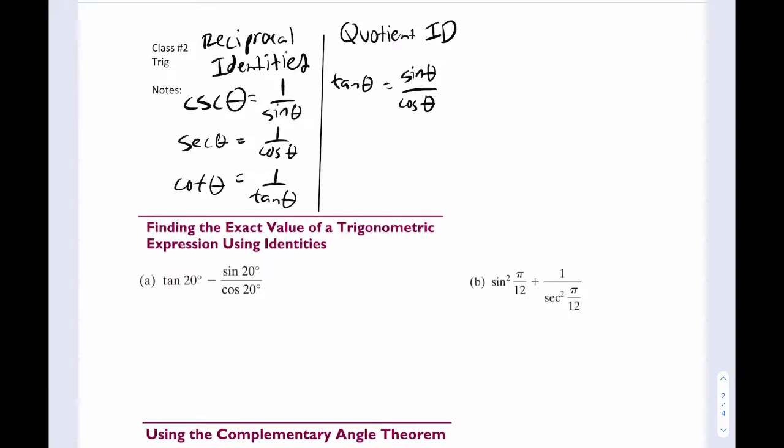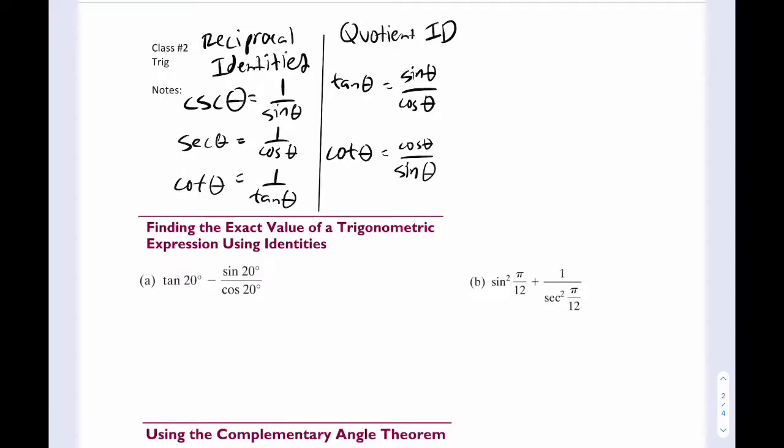And that proof is pretty cool. Sine is simply O over H, and cosine is A over H. So notice how the H's just cancel and you get O over A, and that is tangent. So that's a pretty easy one to prove. And we just flip it to say cotangent should be cosine over sine.